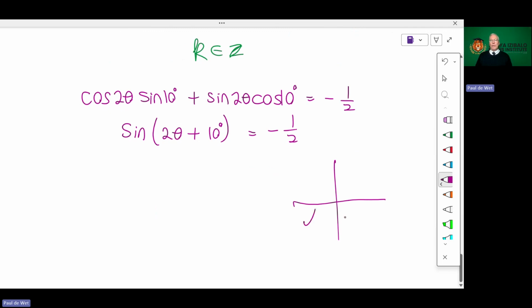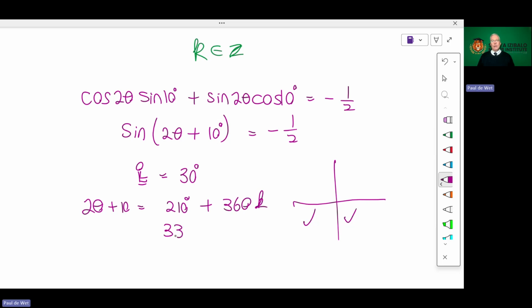We want to be in quadrants 3 and 4 for sine to be negative. Our key angle comes out to 30 degrees. And so our answers are going to be 2 theta plus 10 will equal 180 plus 30 plus 360k, or 360 minus 30 plus 360k.